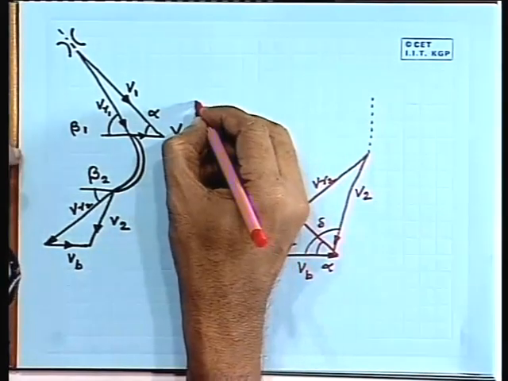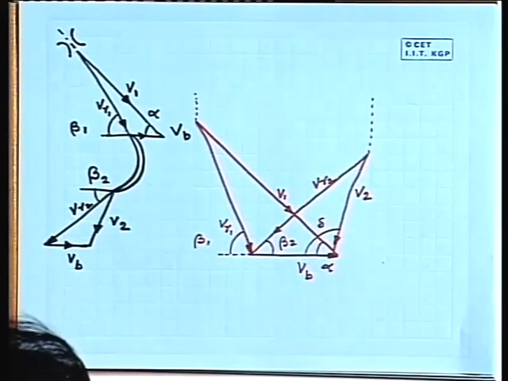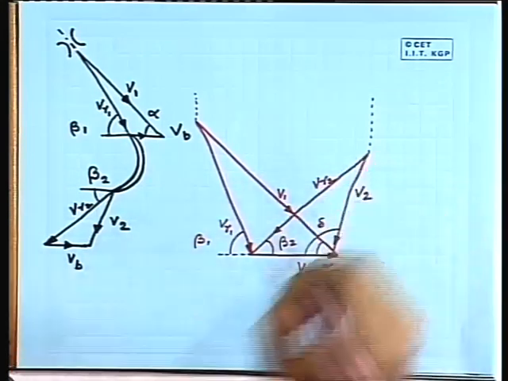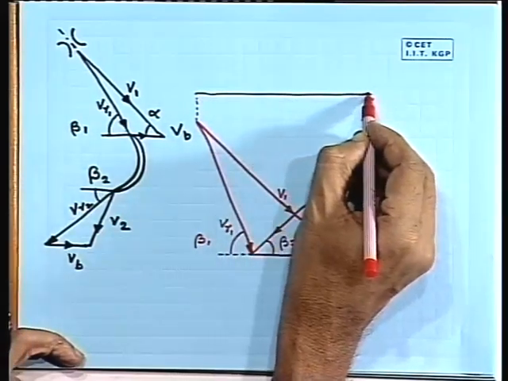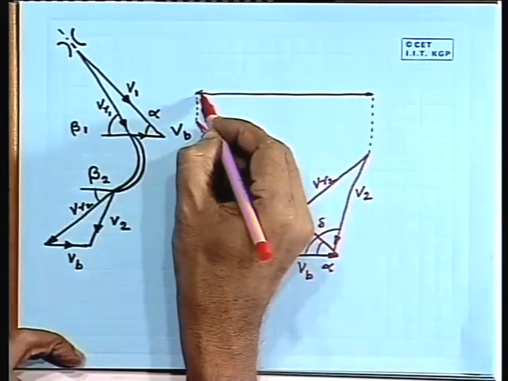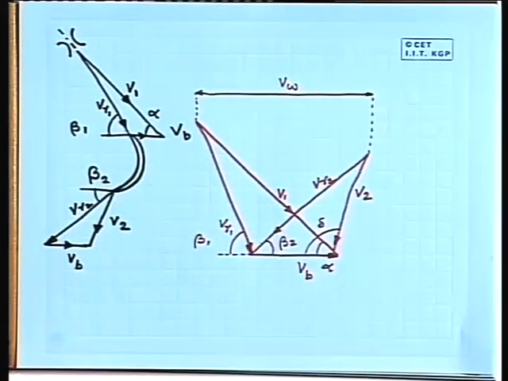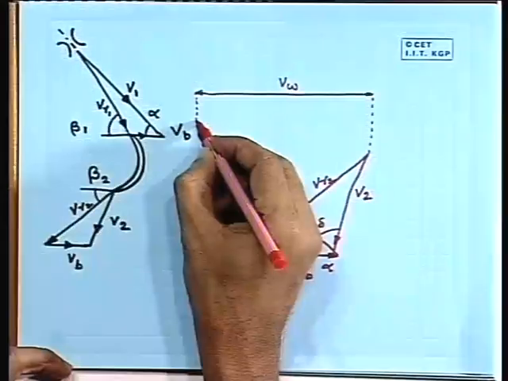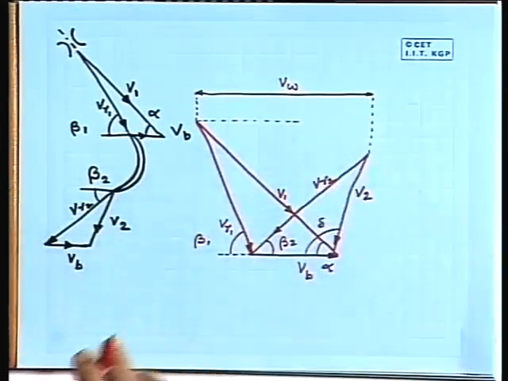If I project vertical lines from the apex of these two velocity triangles and join them, the quantity which I get is denoted as V omega. This is known as whirl component of velocity, and again this can be divided into two parts.